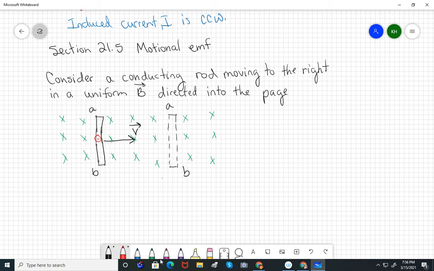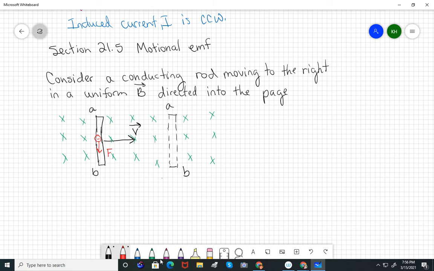If we use our first right-hand rule, if I put my fingers in the right hand in the direction of v, and I curl my fingers into the page, my thumb points up, that tells me a positive charge would feel an upward force, and that my negative charge would feel a downward force. All of the negative charges inside this rod that are free to move will feel a downward force.